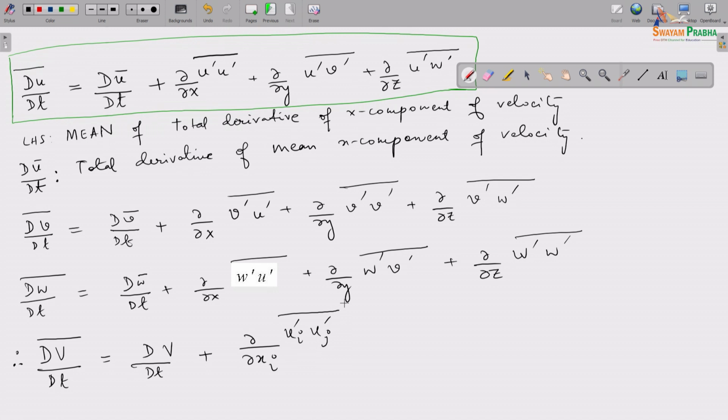So, i is equal to 1, 2, 3 and j is equal to 1, 2, 3 as well. Is that right? So, you can cross check whether this expression is correct or not, so that we get back the equations that I have written above.